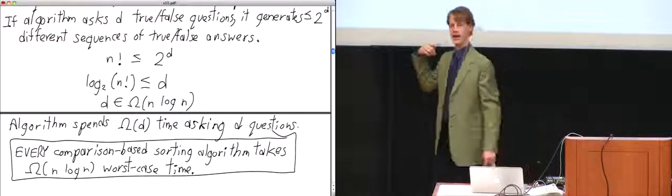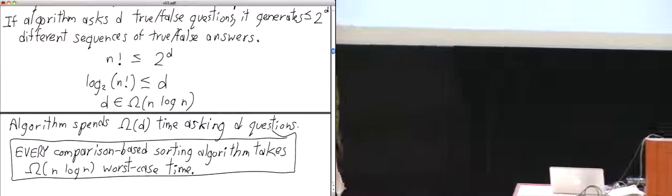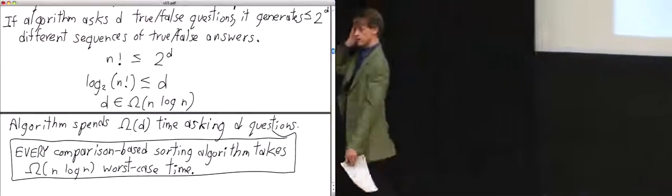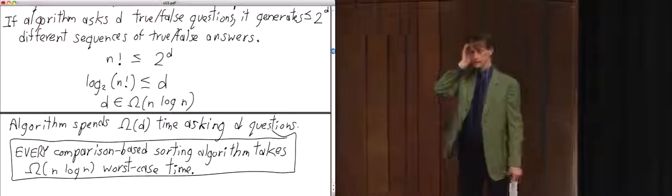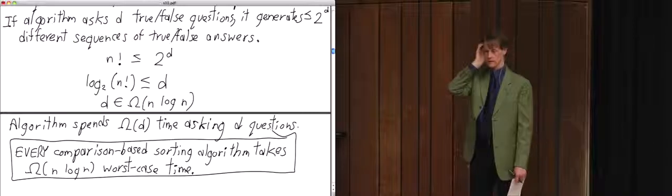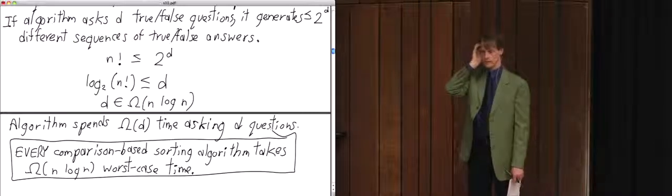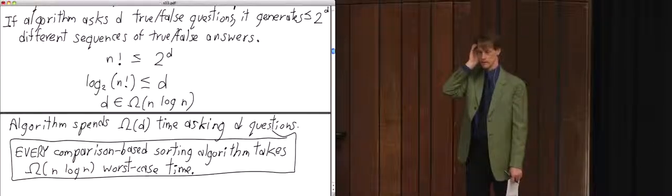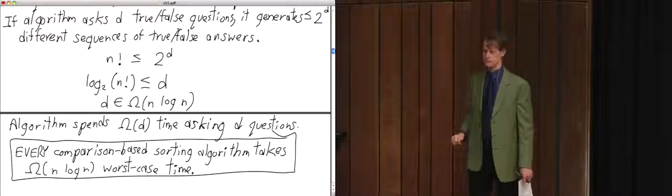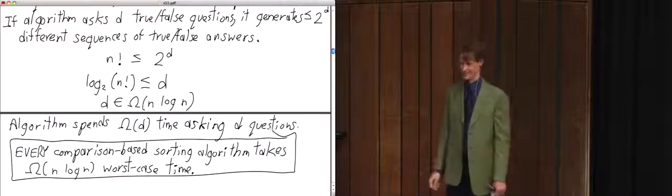Any questions about that? When you say the sequence of true and false, is there an order? Because even if you get the same answer, depending on which two you're comparing, it might convert to a different permutation? I'm sorry, I don't understand the question.